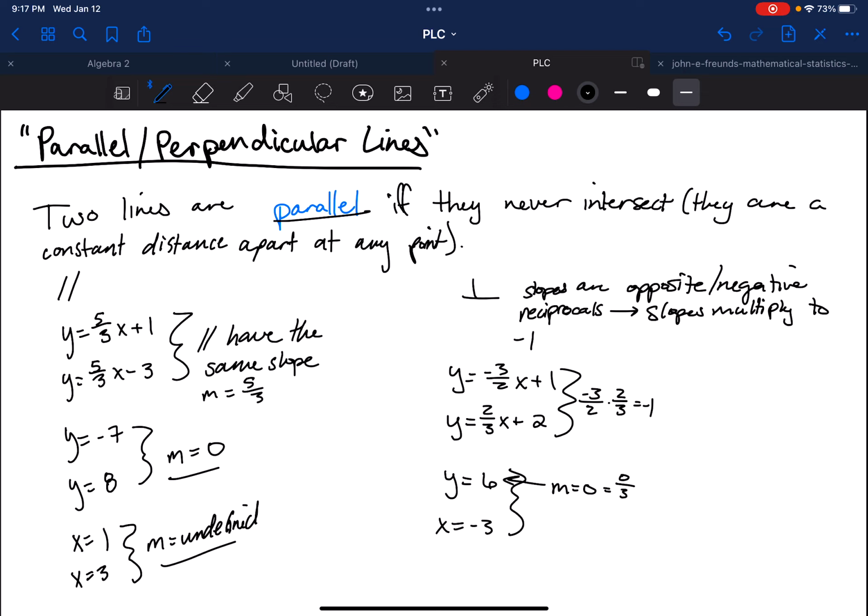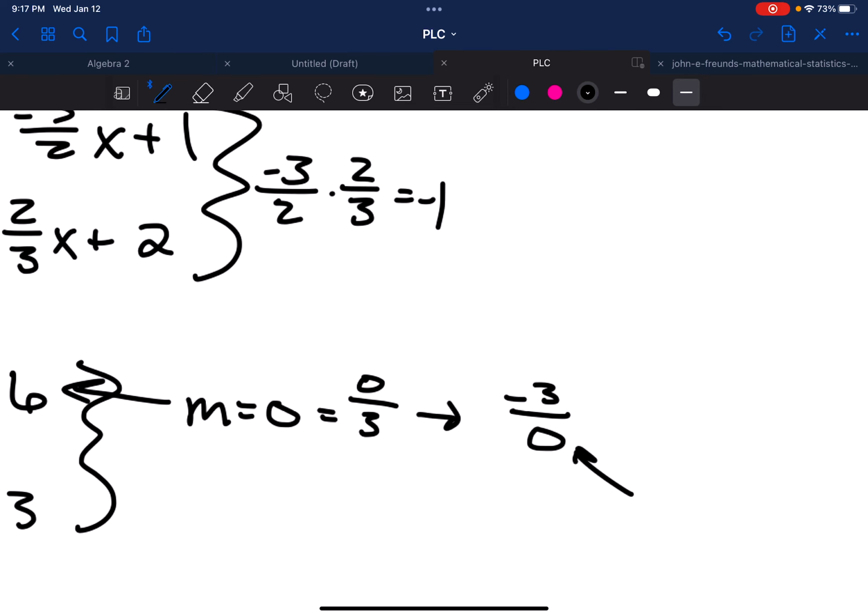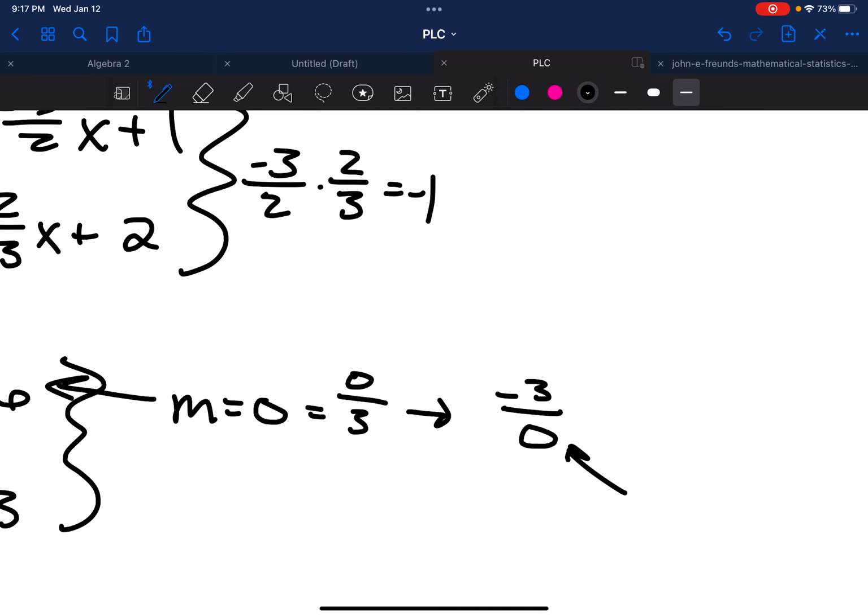You could pick any number you want, but I'm going to divide 0 by 3. If I divide 0 by anything, it's still 0. But let's think about what's the opposite reciprocal. Well, that would be -3 divided by 0. But we can't divide by 0.